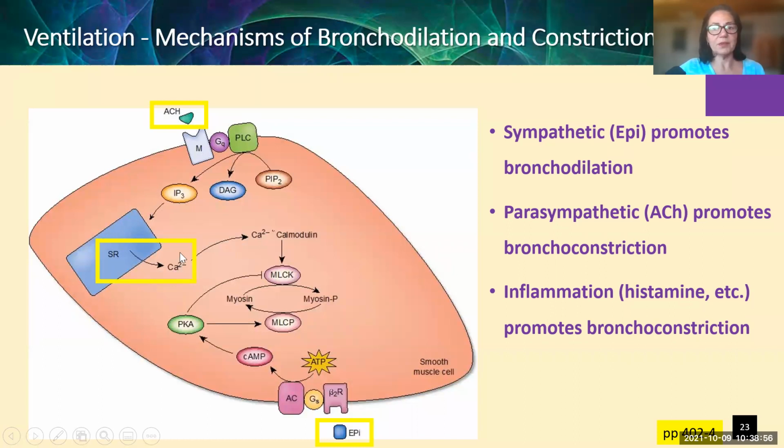And you remember calcium is required for the actin and the myosin to be able to grab on to each other and contract. And so stimulation with acetylcholine or histamine is going to cause release of calcium ions and contraction of the muscle, bronchoconstriction.